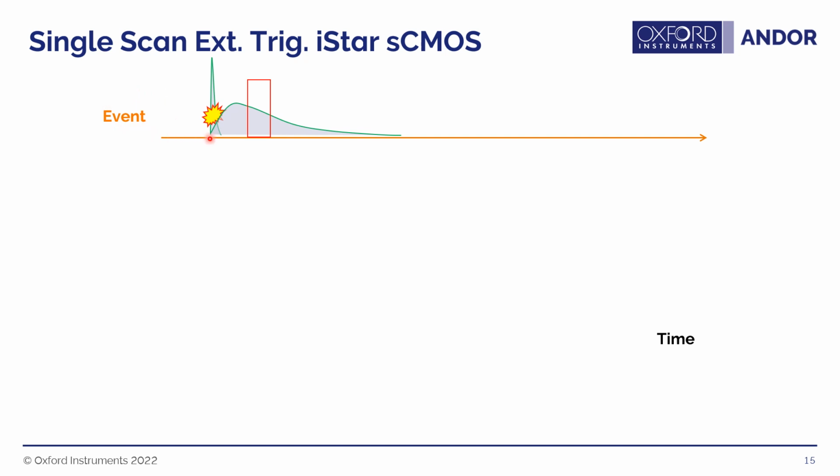You can see right here is when the laser hits the sample and it's creating some emission. This first peak is actually laser scatter from the laser light bouncing off the sample. After that, some of the absorbed light from the laser gets re-emitted from the sample, and that's the actual signal that we want to acquire in this particular example.